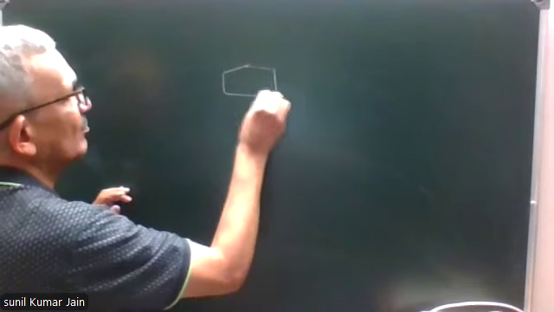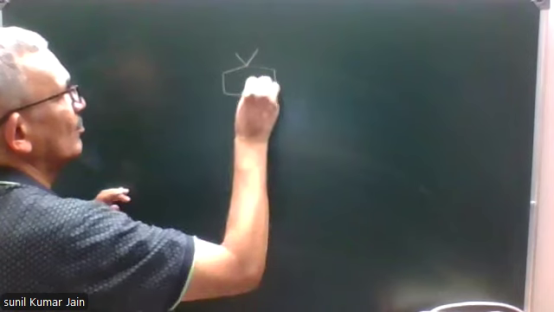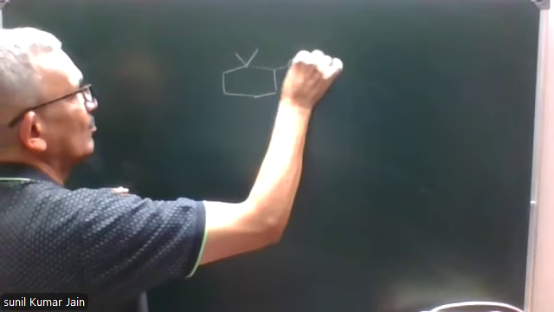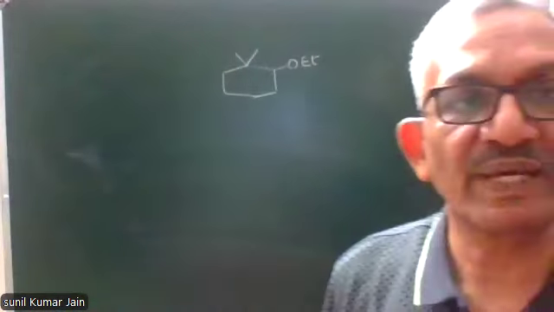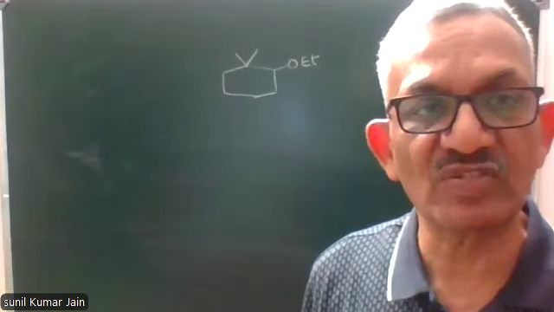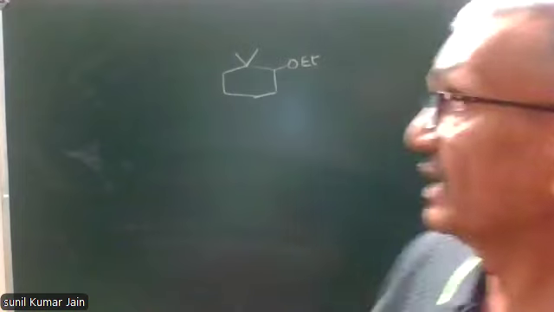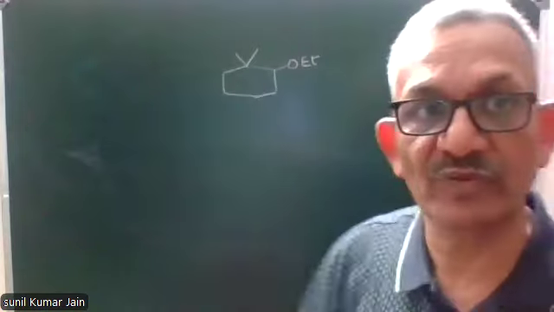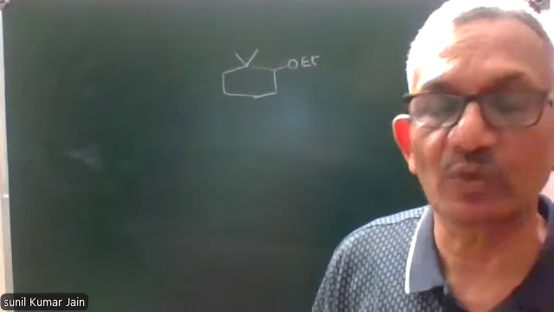Another compound. I hope you remember the abbreviation OEt. Et stands for ethyl, so OEt becomes ethoxy. And if you remember bond line formula, these two lines represent two methyl groups.